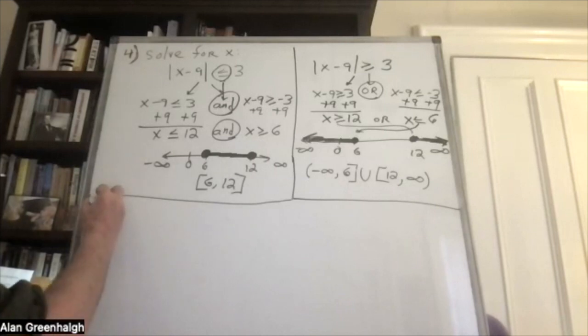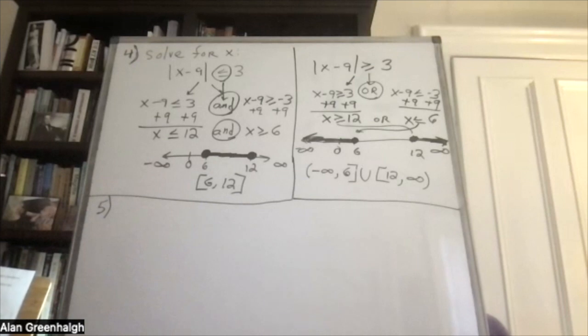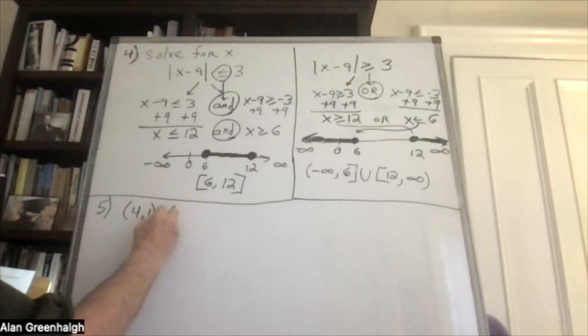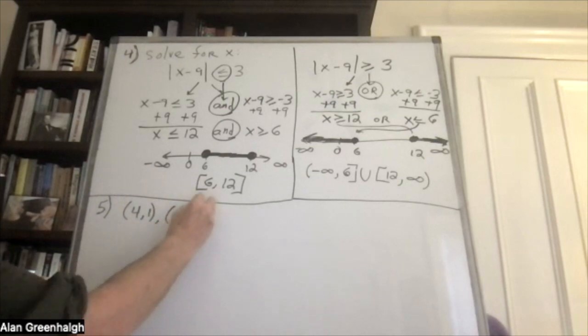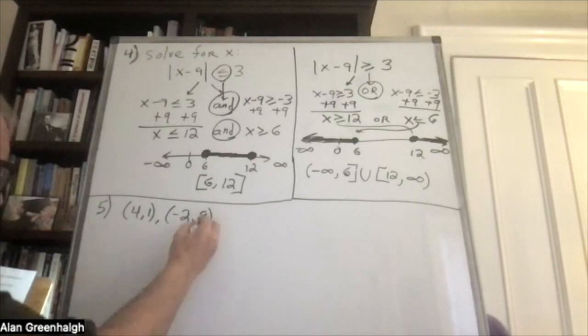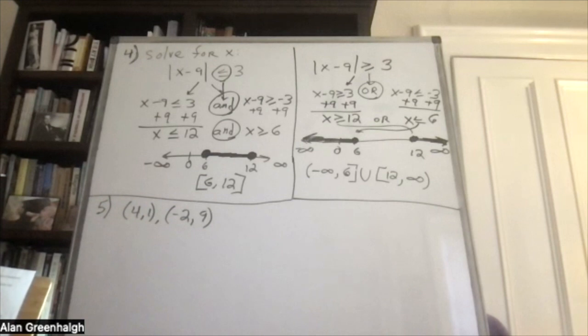Problem number 5. The endpoints of a diameter of a circle are (4, 1) and (-2, 9). Write the equation of the circle. So picture this. You're given that in the coordinate plane, there are 2 points, (4, 1) and (-2, 9).